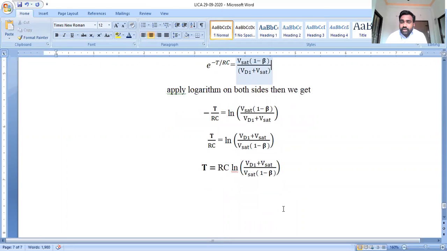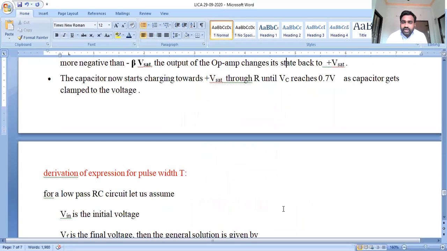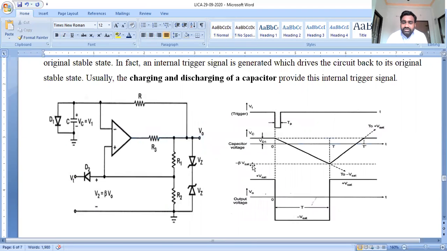Capital T is nothing but the time for which the capacitor is charged, where the multivibrator is operated in the quasi-stable condition. So we calculated the behavior of the monostable multivibrator when it is operated in the quasi-stable state.